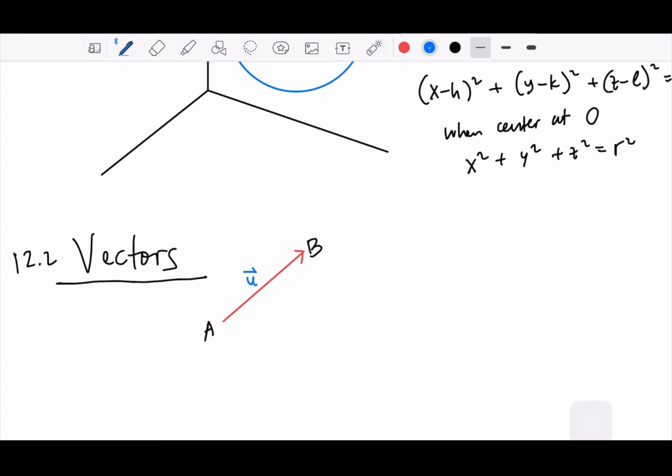Or sometimes, if you write in terms of AB, it has an arrow, so it states that it's going from A to B. Okay, the vectors have directions. So the idea of vectors is that everything has magnitude and direction. I think everybody knows this.